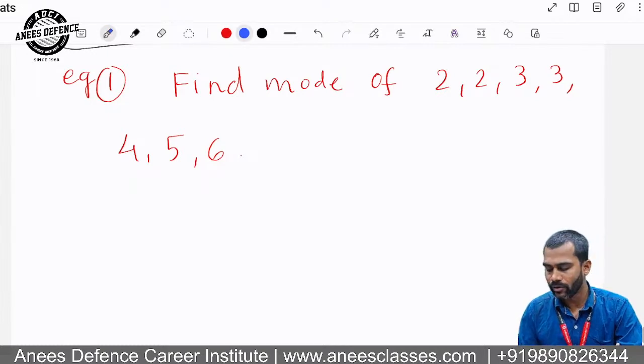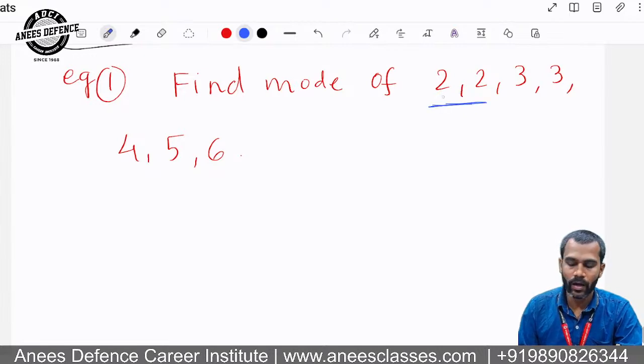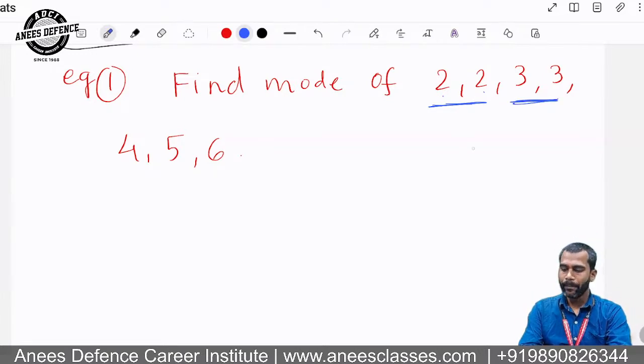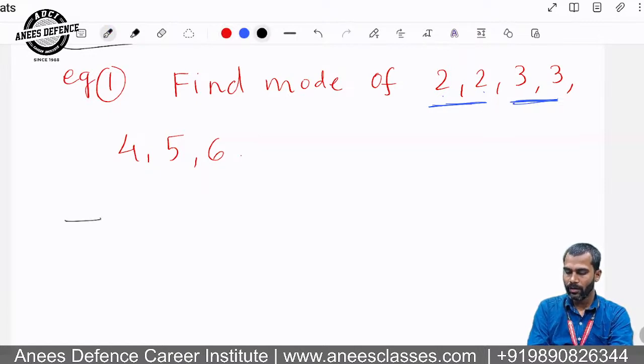Mode should be unique, right? So what is the maximum frequency here? As you can see, 2 has occurred twice, and 3 has occurred twice. But we can't say 2 and 3 both are mode. For that, we need to use the empirical formula. What is the empirical formula? Mode is equal to 3 median minus 2 mean.